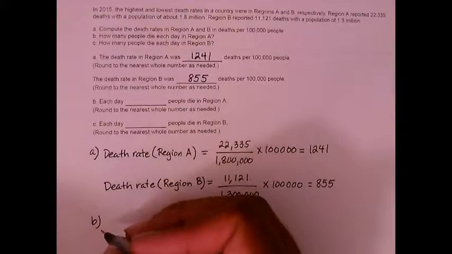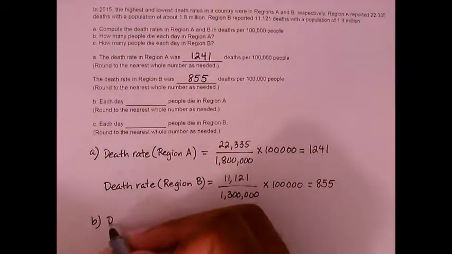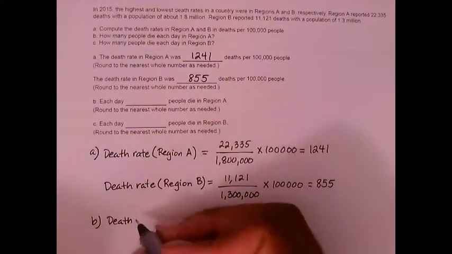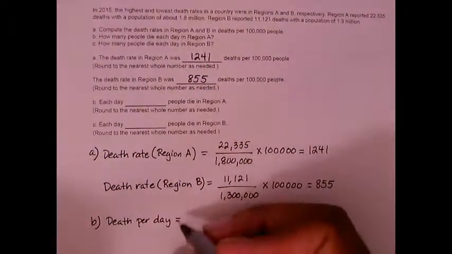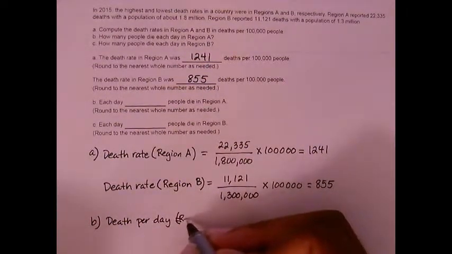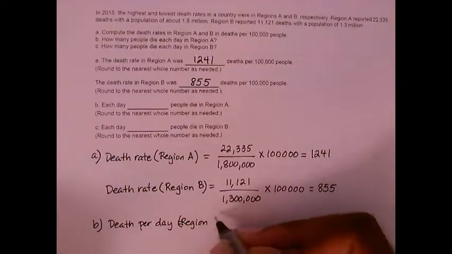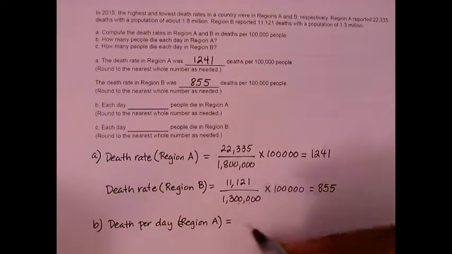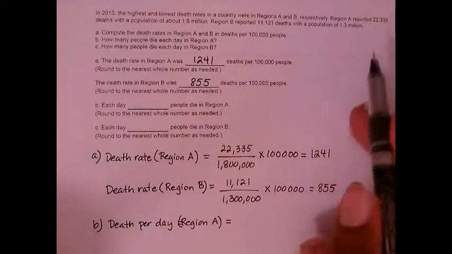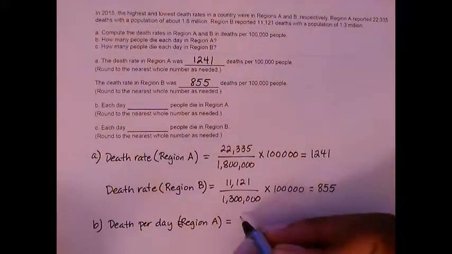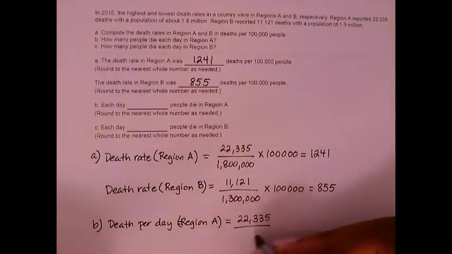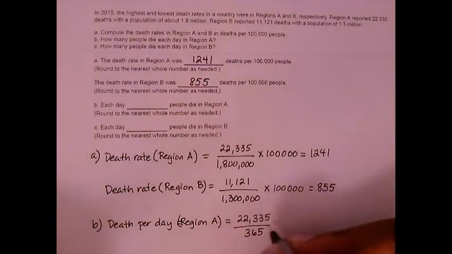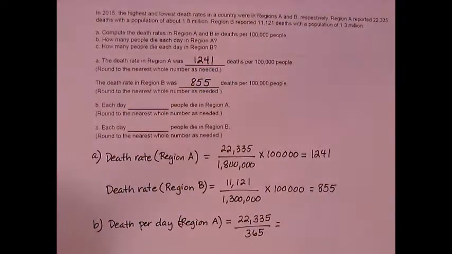So in part B, the deaths per day in region A, that's going to be the number of deaths in region A. That was 22,335. We divide that by 365 days in a single year.